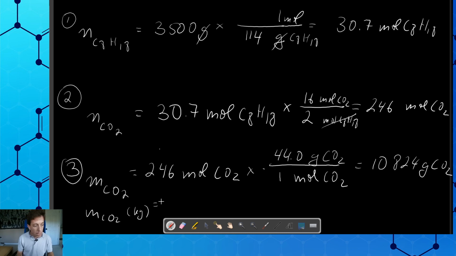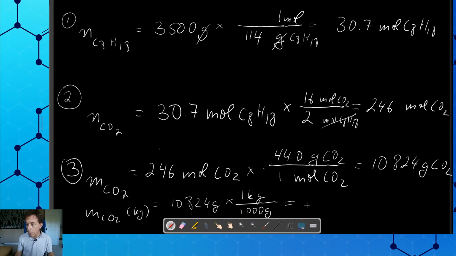It's a quick calculation here at the end: we take the 10,824 grams and divide this by 1,000, because there's 1,000 grams in a kilogram.